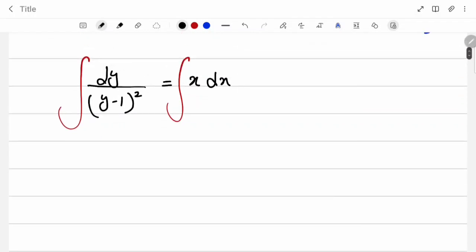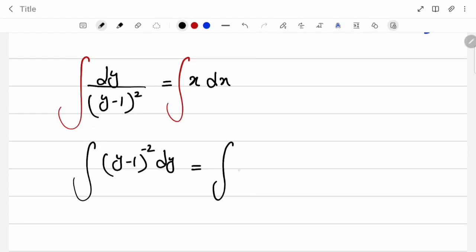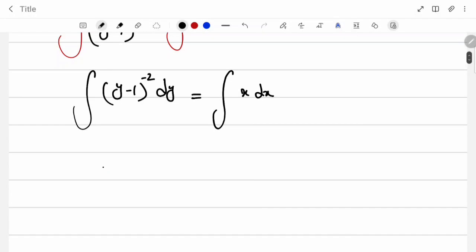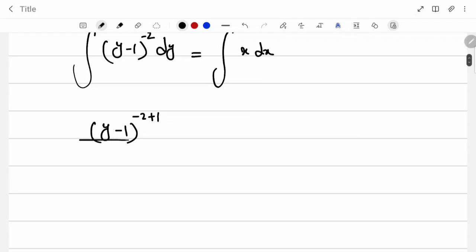Okay, so can I easily do it with the denominator? No, so I have to make a negative power. So now this turns out to be (y minus 1) to the power of minus 2 plus 1, divided by minus 2 plus 1, and there we have x squared by 2.